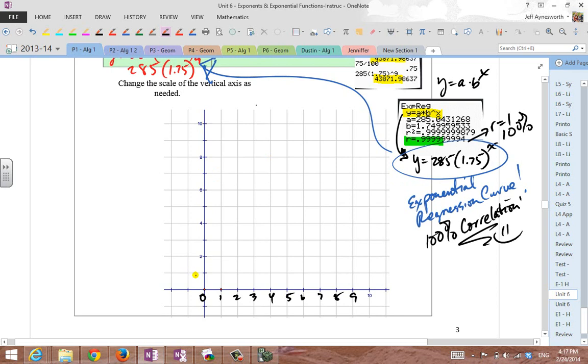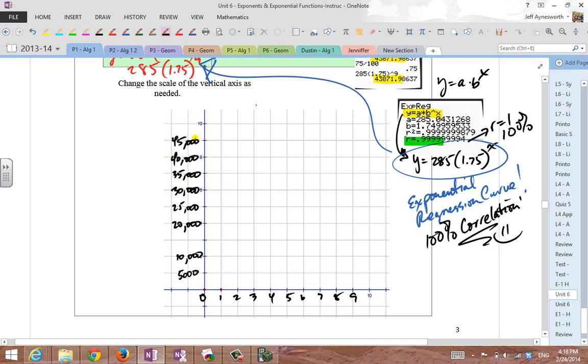It's got to be huge, right? So let's count by 5,000: 5,000, 10,000, 15,000, 20,000, 25,000, 30,000, 35,000, 40,000, and 45,000.